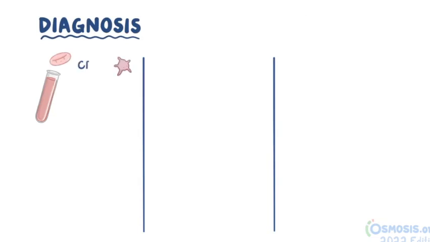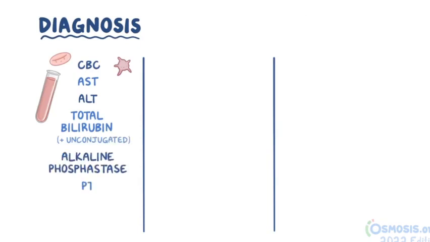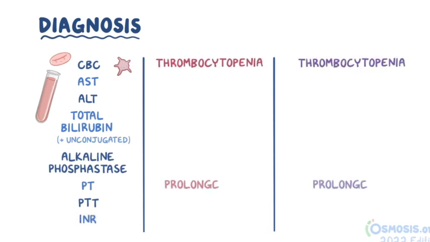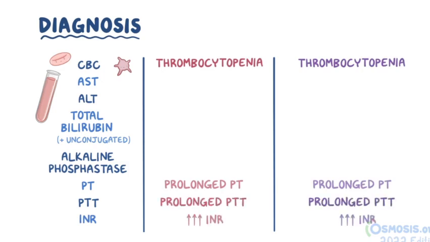A diagnostic workup for viral hepatitis includes a CBC, AST, ALT, total bilirubin and unconjugated bilirubin, alkaline phosphatase, and PT, PTT, and INR. Thrombocytopenia, prolonged PT, and prolonged PTT, as well as an elevated INR, can be present in both acute and chronic hepatitis.